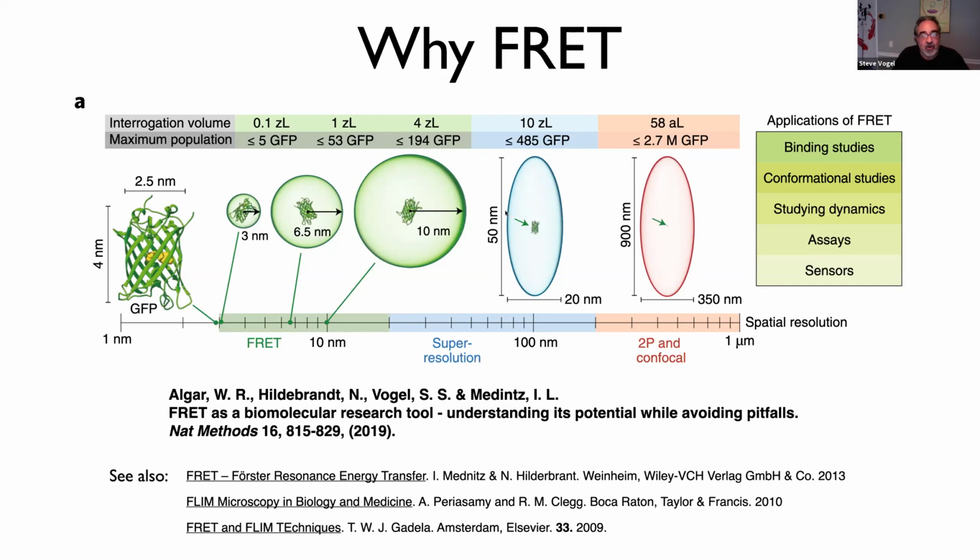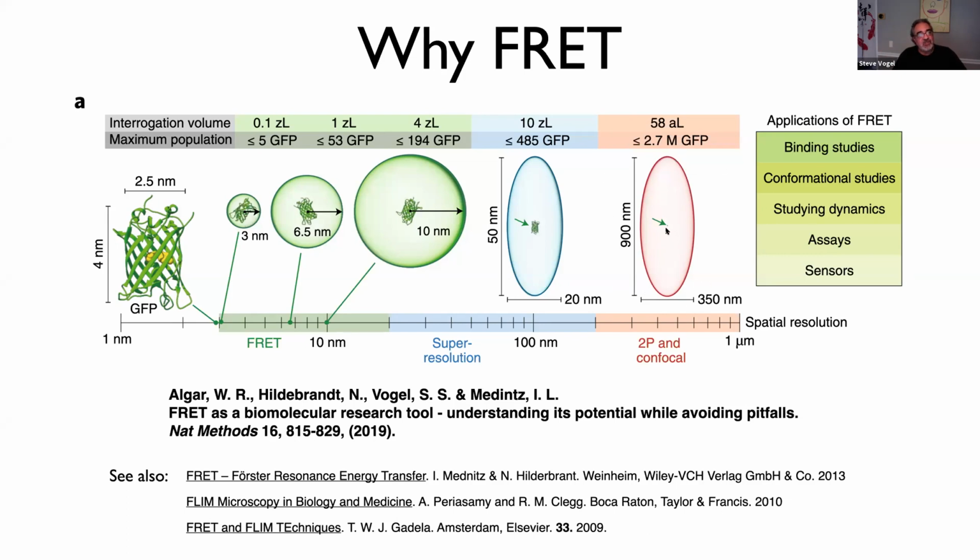So if you go all the way to the right, you see this red ellipsoid, that's supposed to represent the volume that a normal, let's say, confocal or 2-photon microscope is interrogating in terms of fluorophores. And you can see this itty bitty little spot here, and that little spot is drawn to scale to the whole volume.